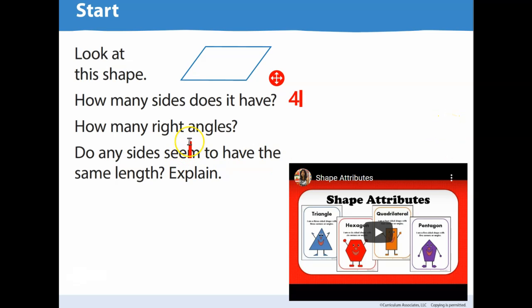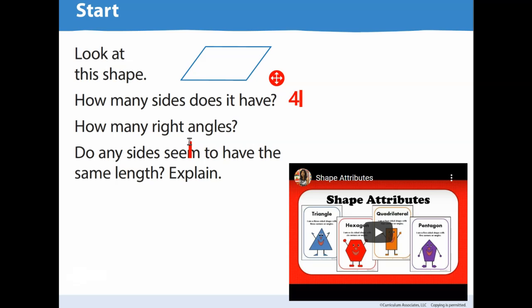If it said how many angles does it have, I just showed you a little while ago, four, right? But it doesn't say how many angles, does it? It says how many right angles. So for a right angle, make a capital L with your fingers, like loser. This is a right angle. Does it have any right angles that look like this?